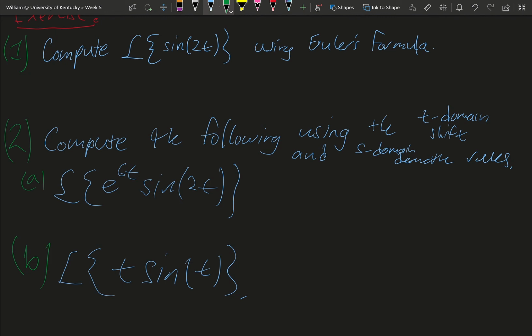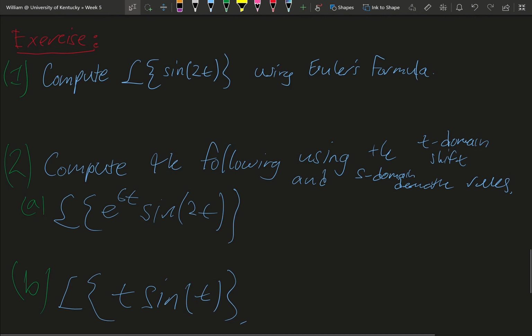Now I will briefly cover the answers. So remember, for this, the formula we're using is sine of 2t is e to the i 2t minus e to the negative i 2t, all over 2i.